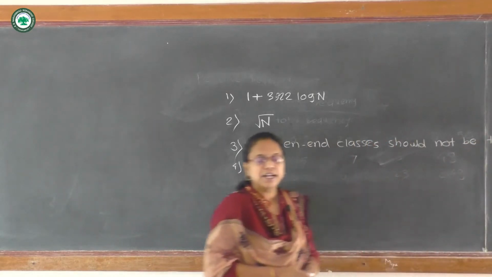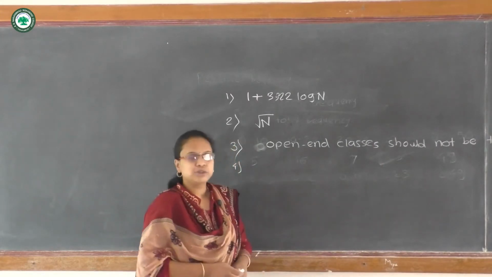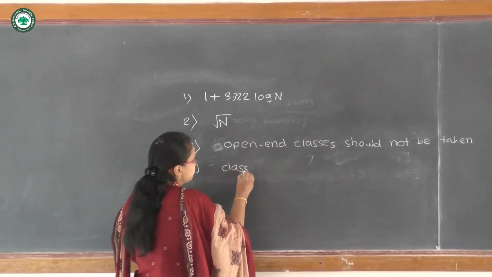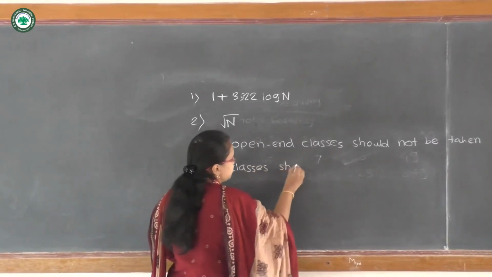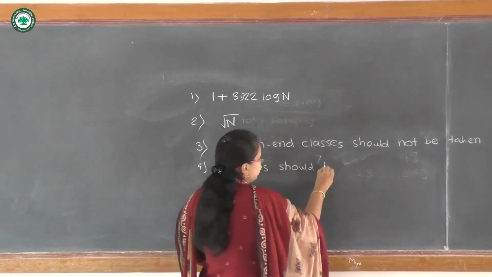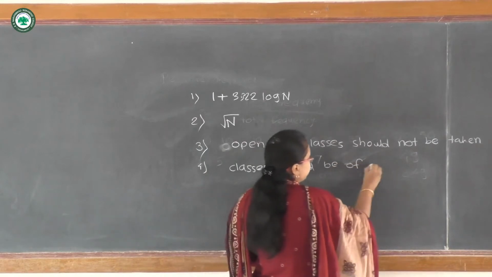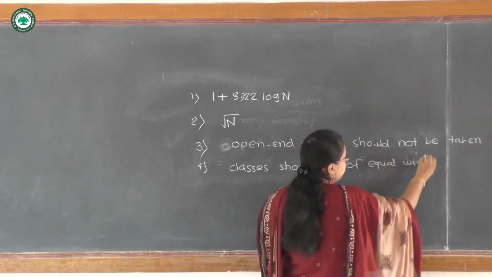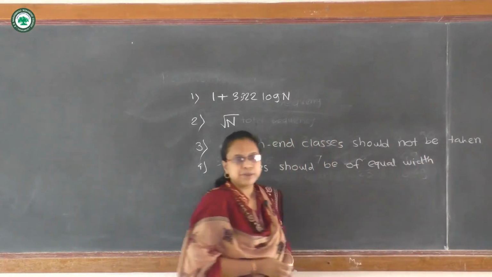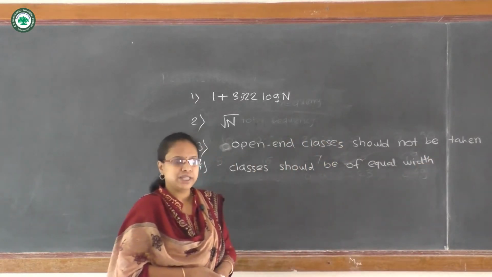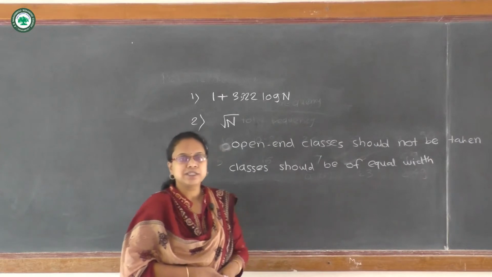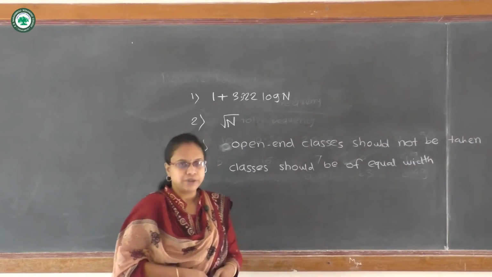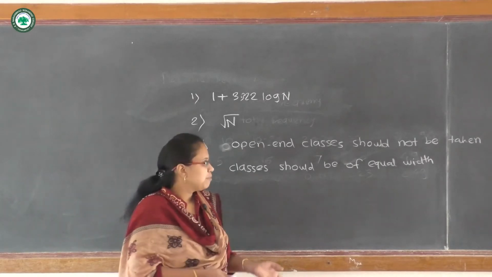Then the next guideline is all classes should be of equal width. Means the classes may be 0 to 10, 10 to 20, etc. If the class width is different, then we have to take frequency density instead of frequency, which we will study.